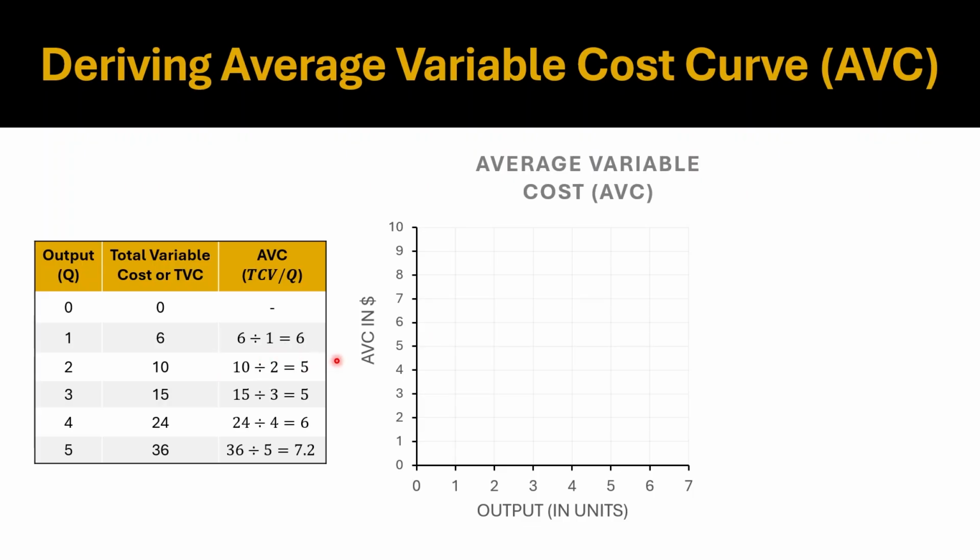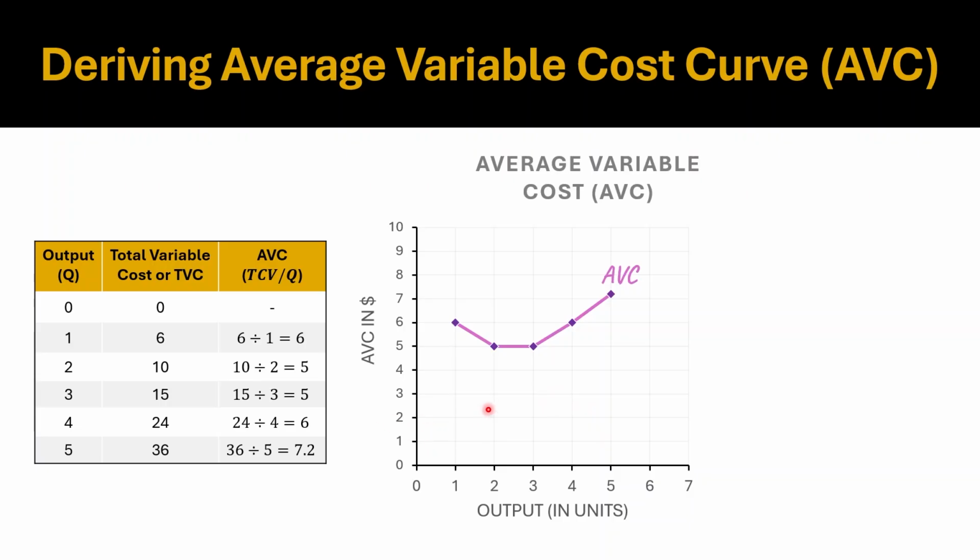AVC initially falls with increase in output, and after reaching its minimum level of 5 here, it starts rising. This is why the AVC curve is U-shaped. It is due to the application of the law of variable proportions. Initially, the AVC curve falls due to increasing returns to a factor with better utilization of fixed and variable factors.